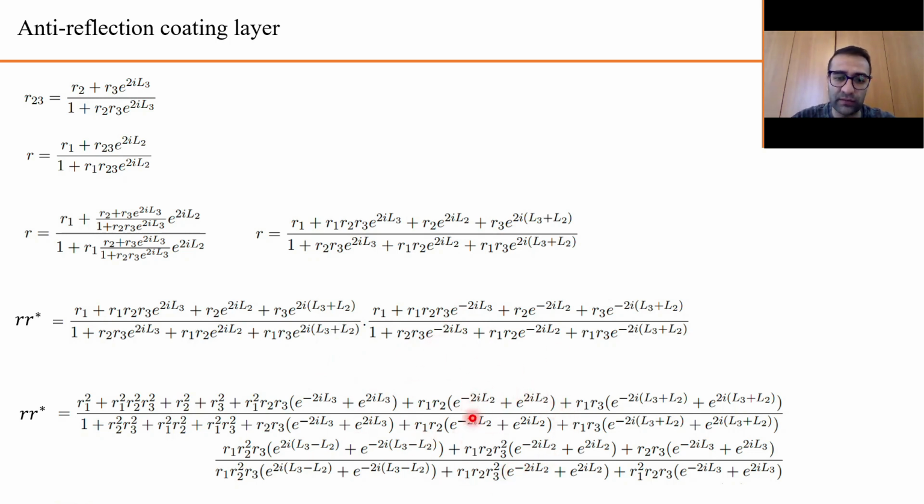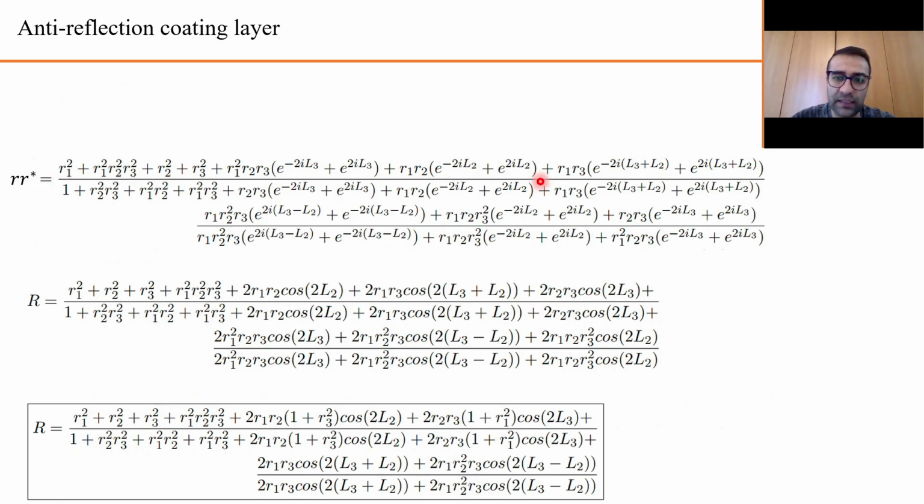And again, by using the definition of Euler's equation and substituting 2 cosine of L2 instead of this term, and similar for the other exponential terms, what will you get?